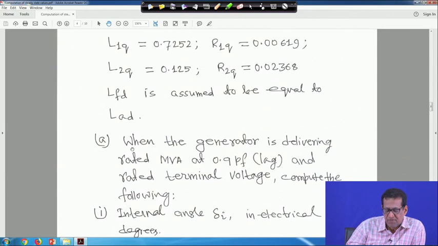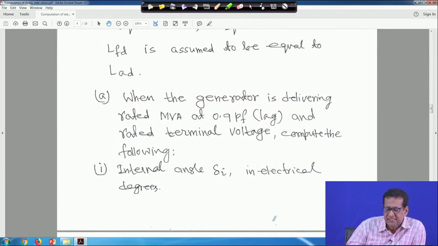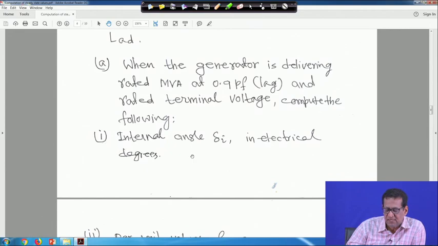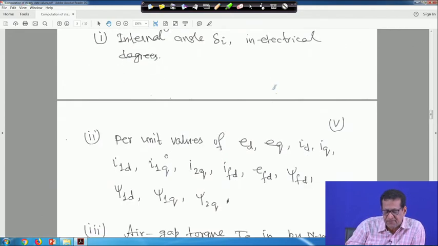Now, part A, when the generator is delivering rated MVA at 0.9 power factor lagging and rated terminal voltage, compute the following. 1. Internal angle delta I in electrical degrees. 2.